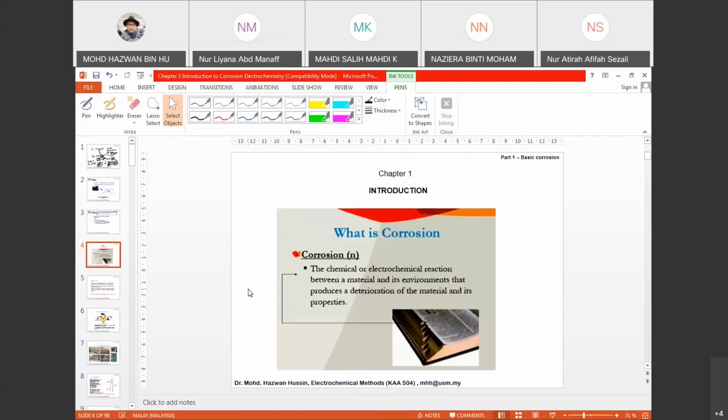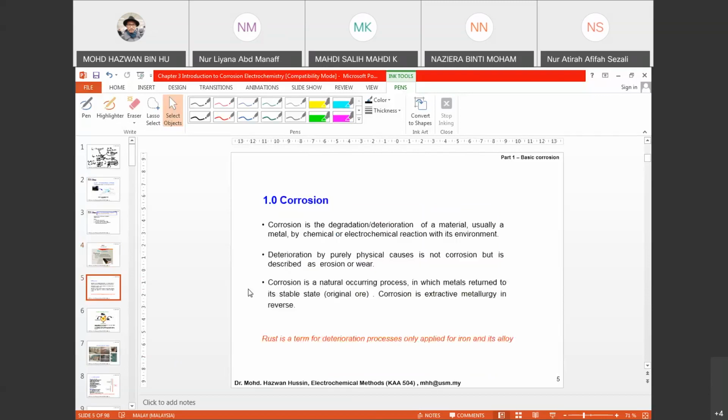Once the material has been exposed chemically or electrochemically to the environment, it will degrade and later change the properties of the material. So corrosion is the deterioration of materials, usually a metal, by chemical or electrochemical reaction with the environment. Deterioration by purely physical causes is not corrosion, but is described as erosion.